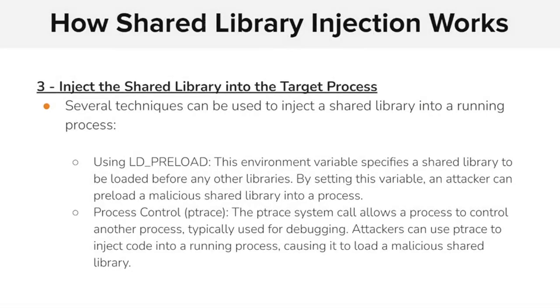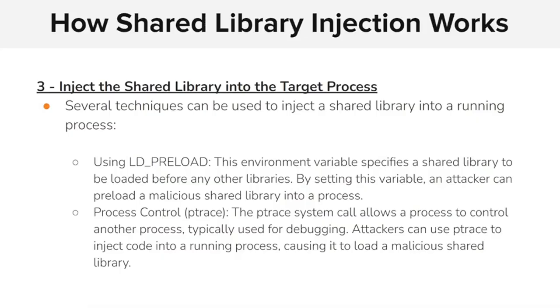And then finally, we inject the shared library into the target process. There are several techniques that we can use to do this. The first, and the one that's going to be applicable to this lab, is the LD_PRELOAD technique. This is an environment variable that specifies a shared library to be loaded before any other libraries when executing a service or application.